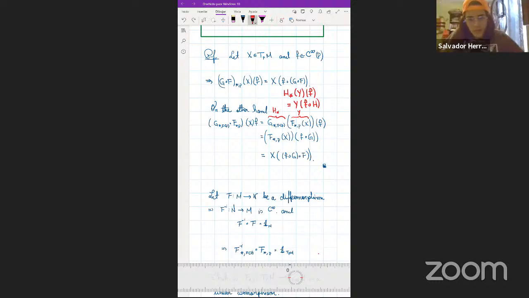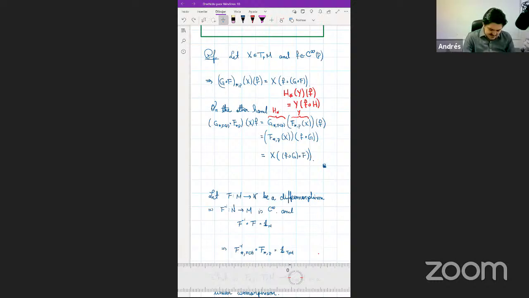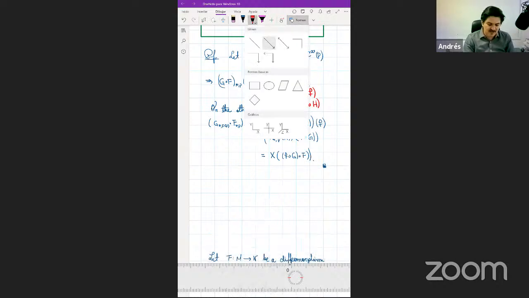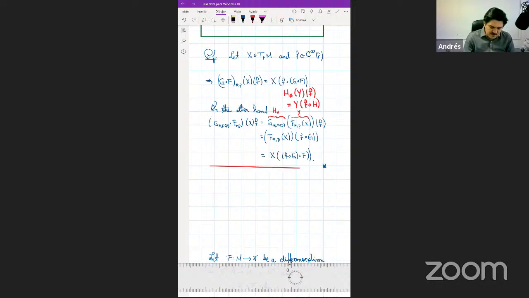Okay. Now, perhaps it is important to mention this. Again, this is just an observation from multivariable calculus.